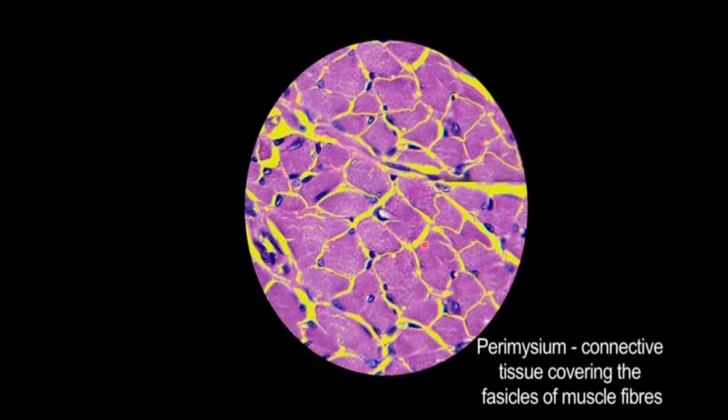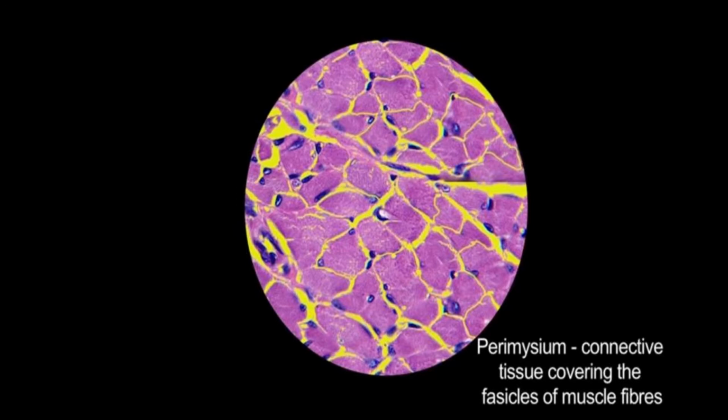Then if we see the internal mass or the parenchyma of the skeletal muscle, we can see there are fascicles of muscle fibers. That means there is a bundle of muscle fibers which is covered by a layer of connective tissue called perimysium.